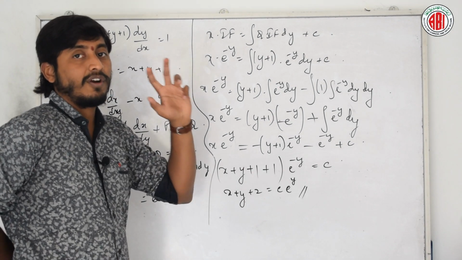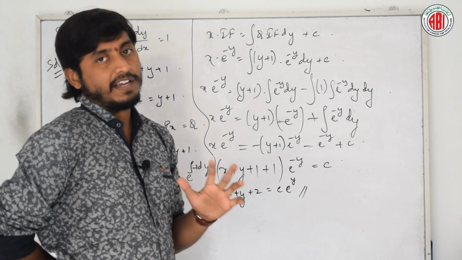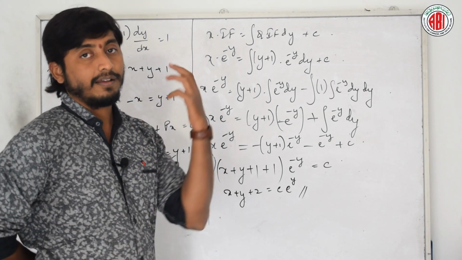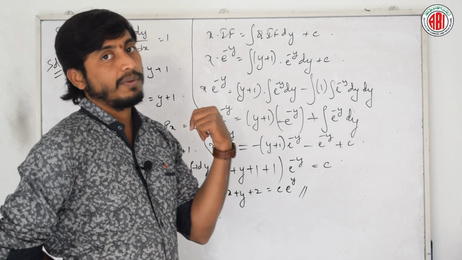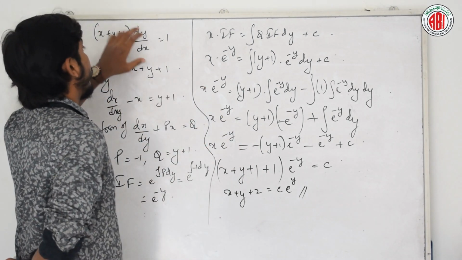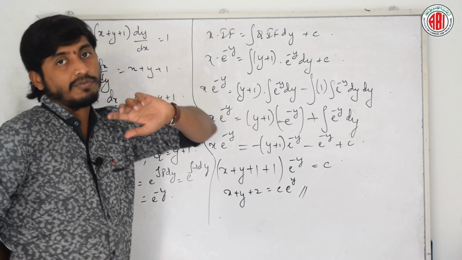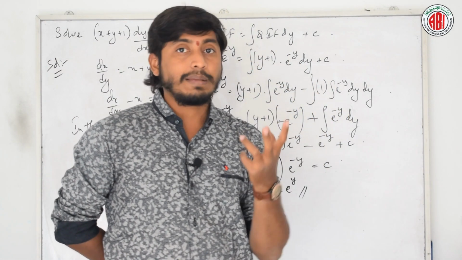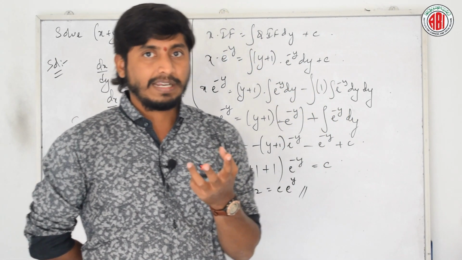So, obviously it is not a homogeneous function. If you want to do it by the standard variable separable method, this will be like dy by dx equal to 1 by x plus y plus 1, 1 by some function which has both x and y. So, it is impossible to separate it, right.